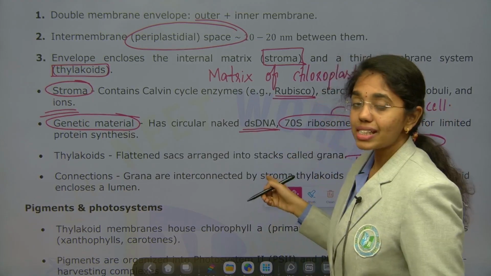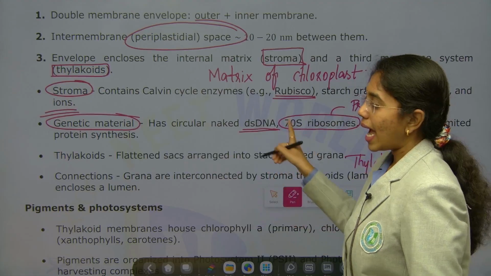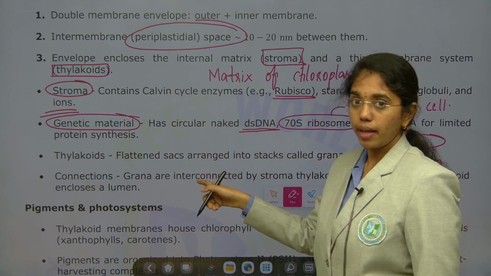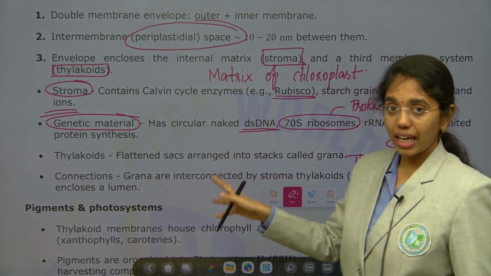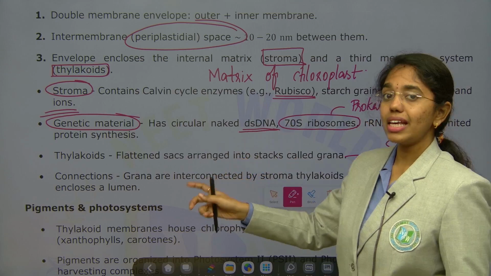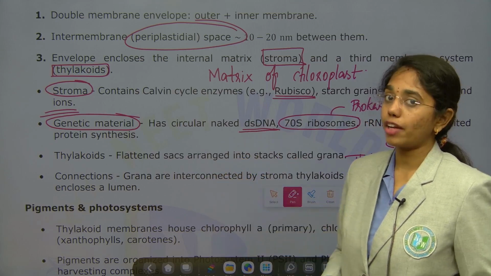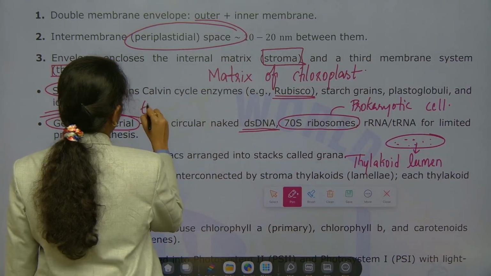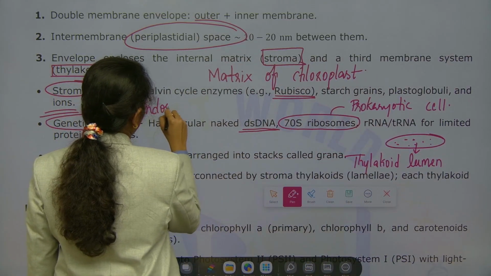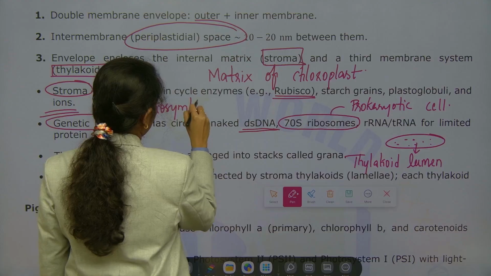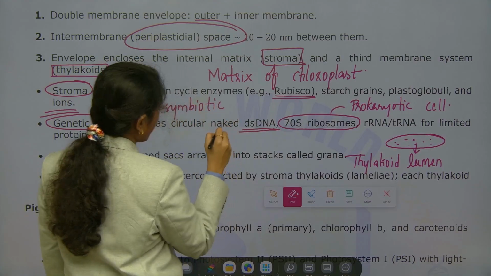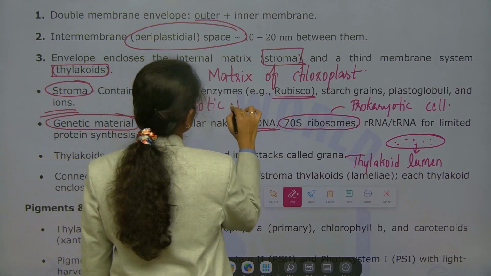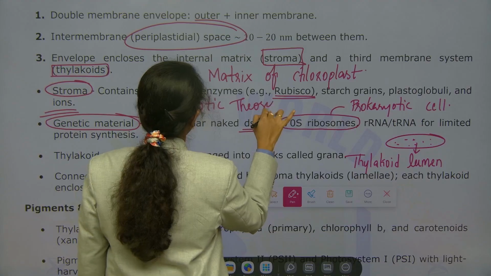So the 70S ribosome and double stranded circular DNA features show that chloroplast evolved from a prokaryotic cell, which is learnt in detail under endosymbiotic theory. It will be very impressive if you mention this term, endosymbiotic theory, over here.